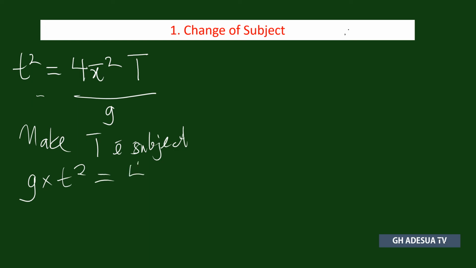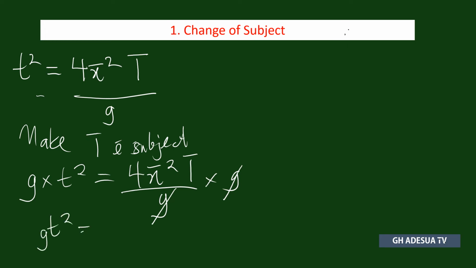Right hand side, 4 pi squared capital T over G, then times this new G. So on the right hand side, this G will cancel G. On the left hand side, it will become G t squared is equal to 4 pi squared capital T.